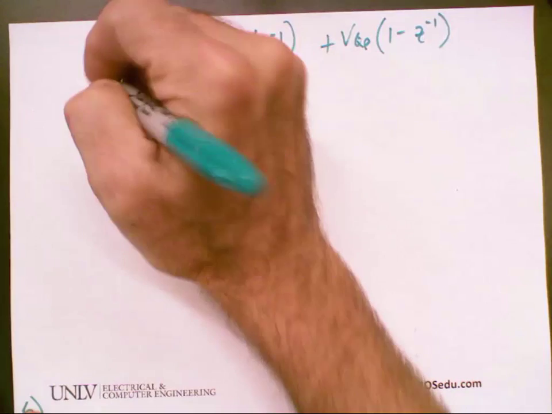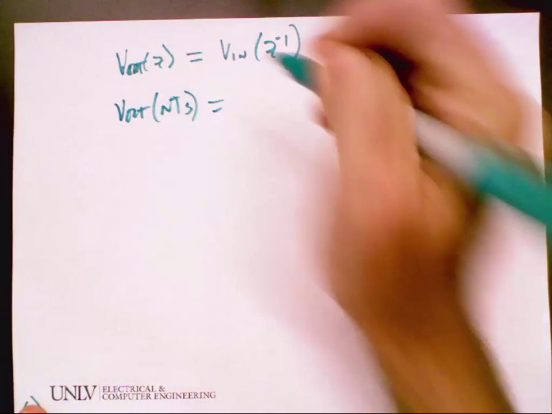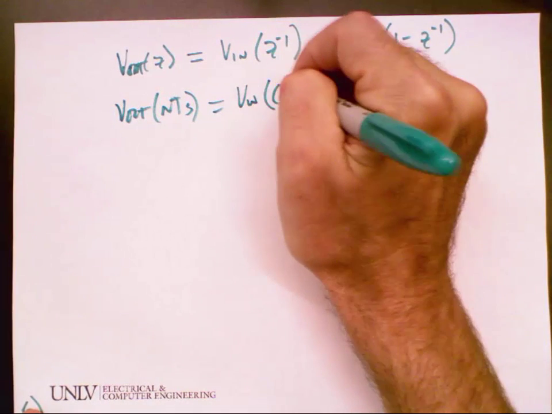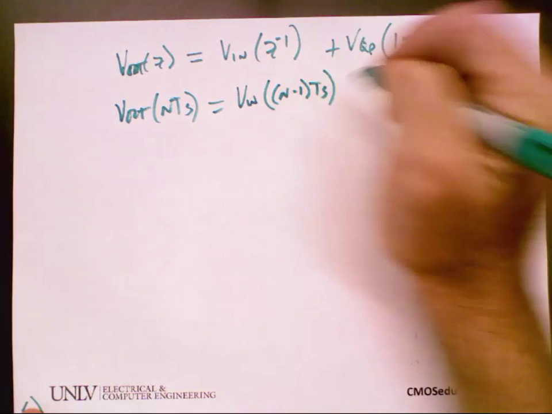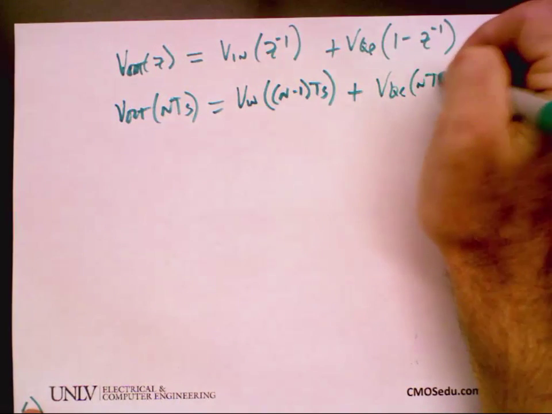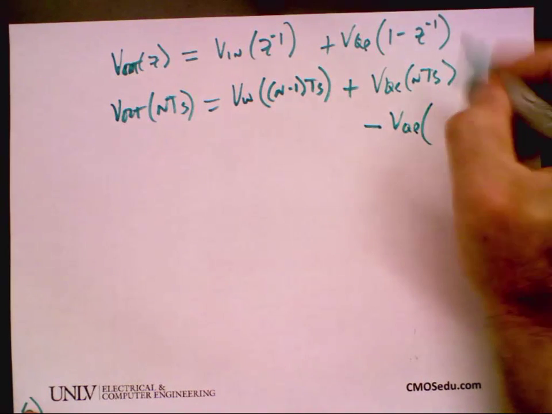I'll start you out. V out of nTs equals... All right, nobody was challenged by that. Good.